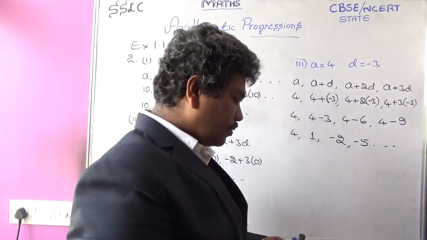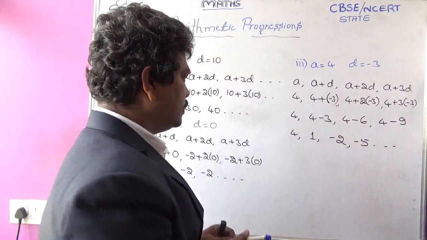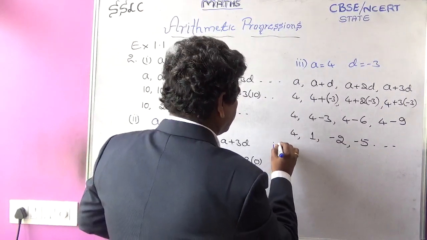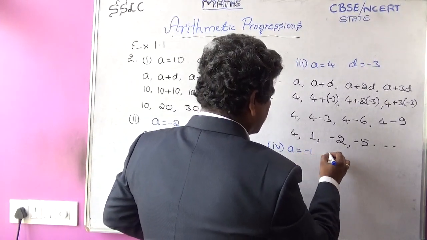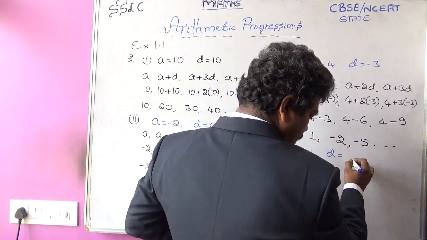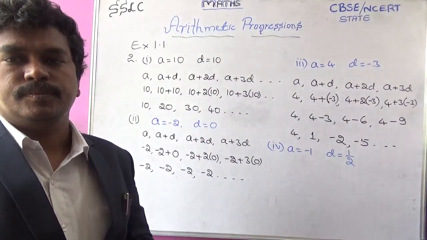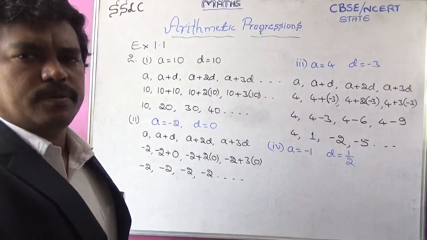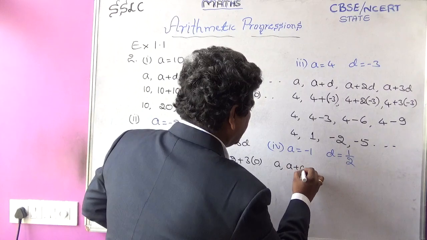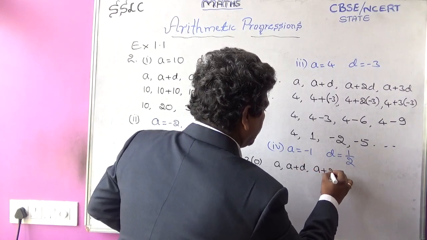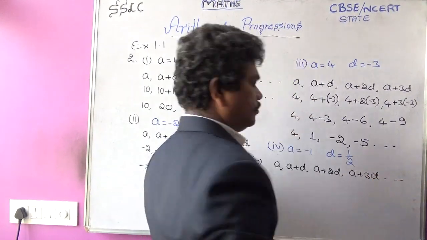Now I take another one. There is a fraction in that one. So the fourth problem: A is equal to -1 and D is equal to half. They gave the fraction half, so you have to add that D. So A plus D, A plus 2D, A plus 3D and so on.